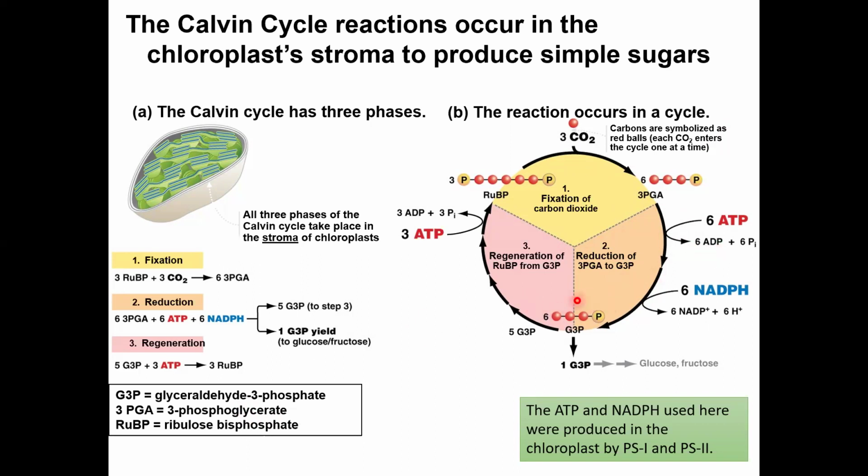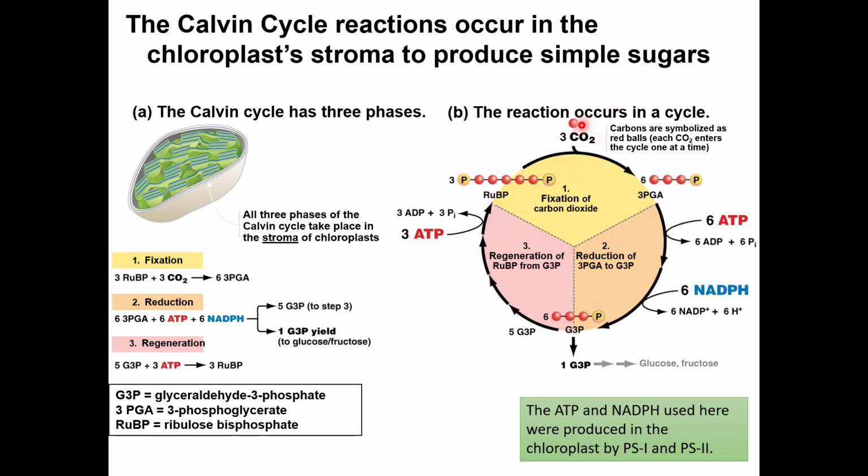And then it goes into regenerating the RuBP from the G3P, which takes the energy and forms it again. So it occurs in that cycle there.